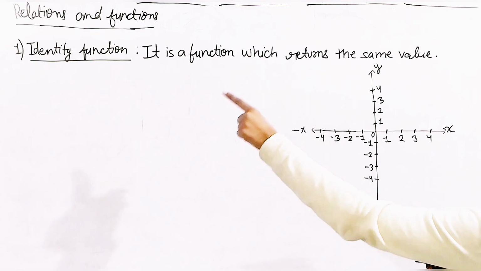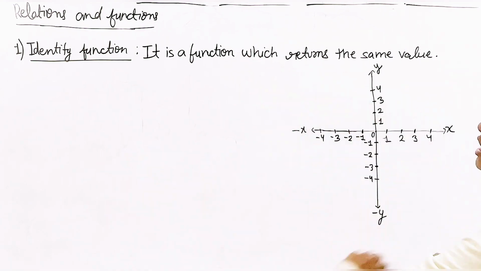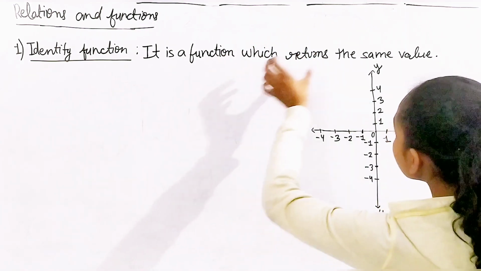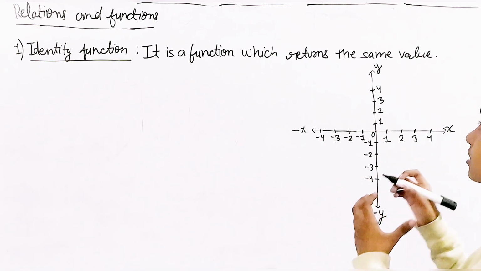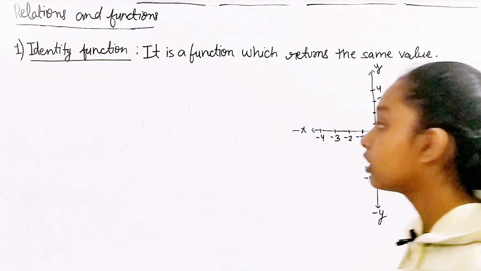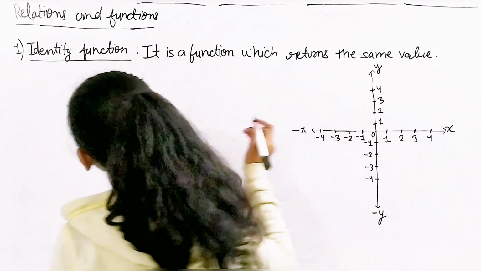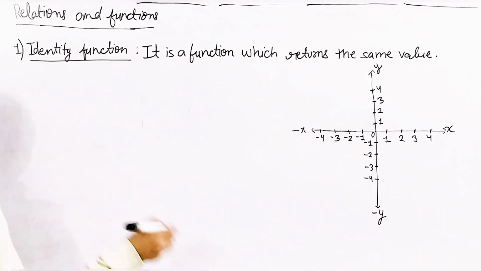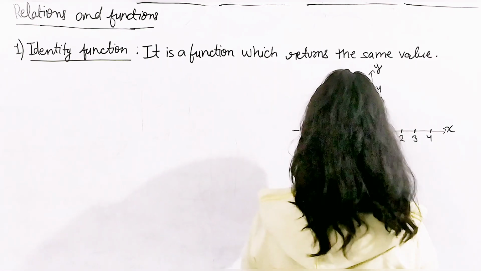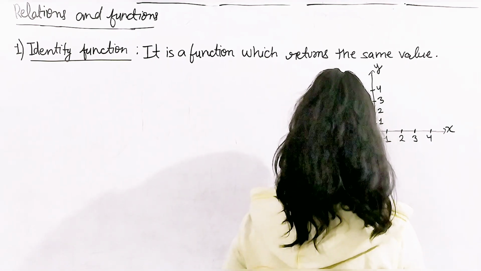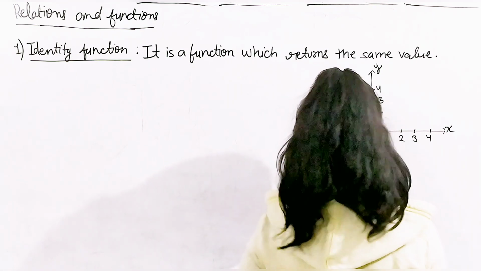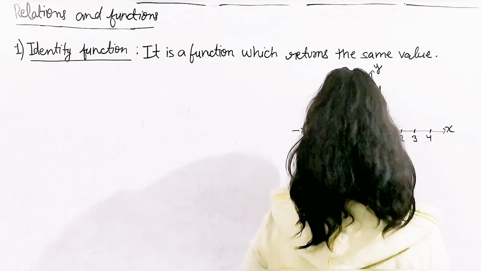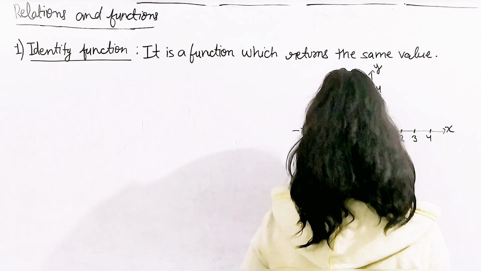So let's look at the origin. What does this identity function mean? It is a function which returns the same value. So it's like reverting the same values. As you all know, f of x is equal to y.